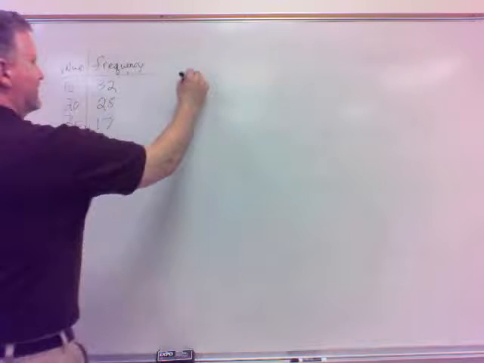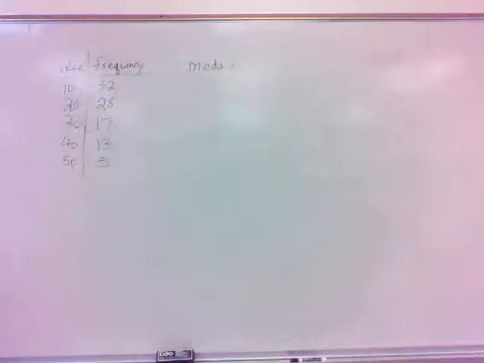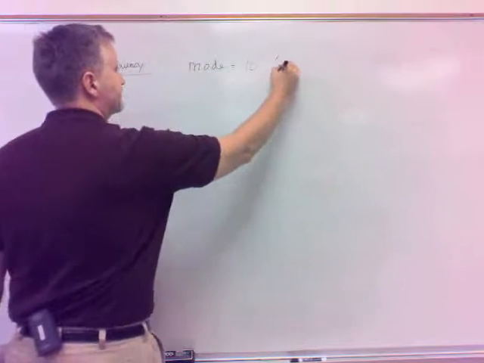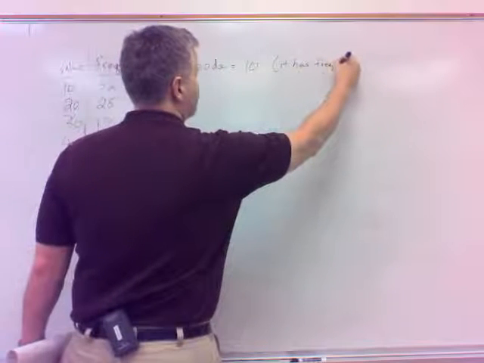Let's start with the mode. So that one should be the easiest one of all. Sometimes, though, it gets missed. Okay. Which one's the mode? You tell me. 10 is the mode. Why is 10 the mode? It has a frequency of 32.